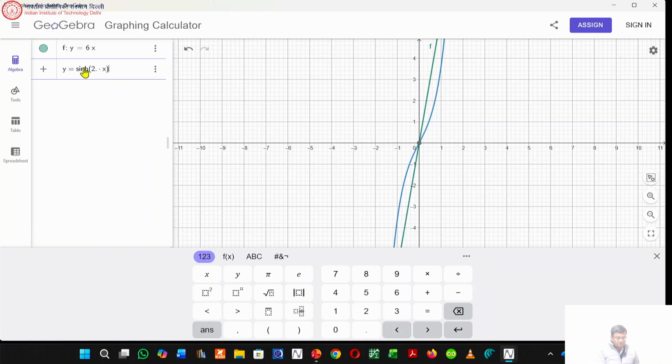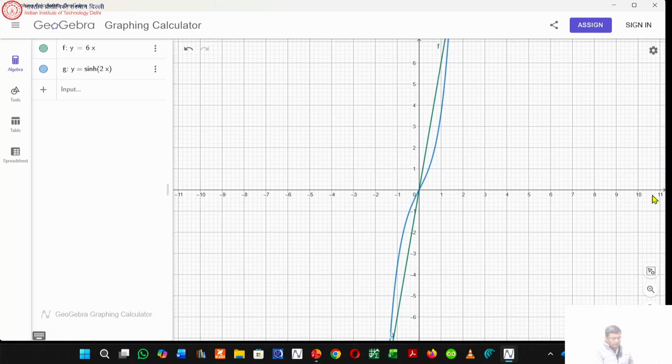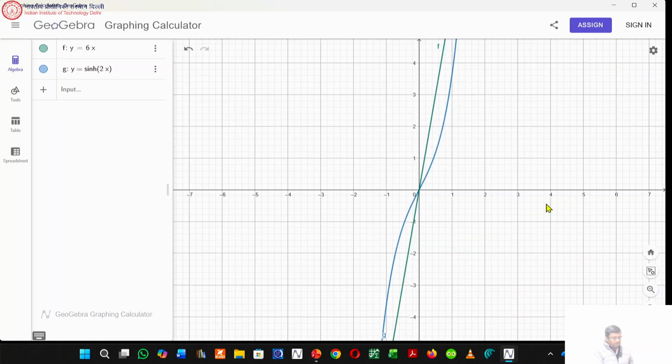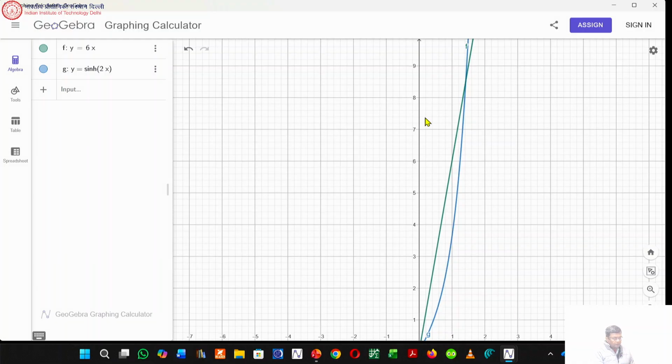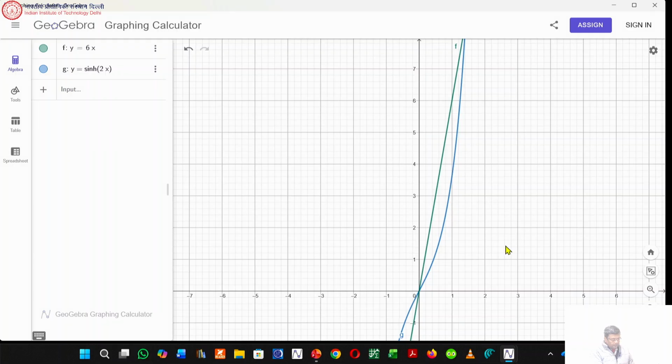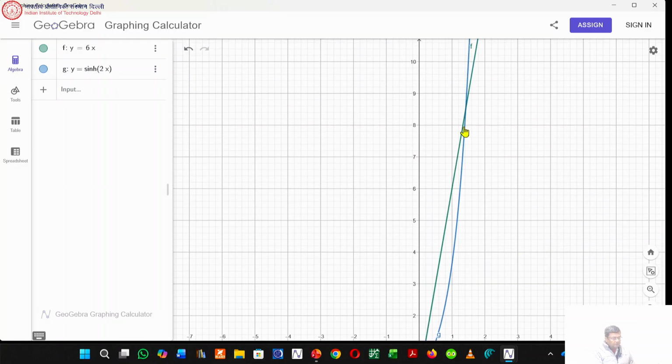It almost didn't take me any time, and you can see that the solution will be the point of intersection, obviously, and this is going to be between 1 and 2. This is 1.2, this is 1.4, and the solution will be around 1.4 or so.